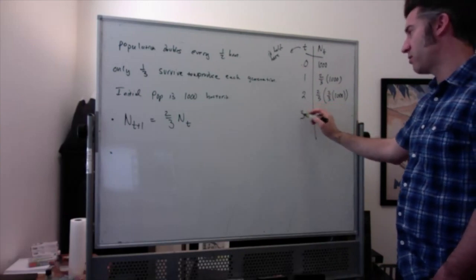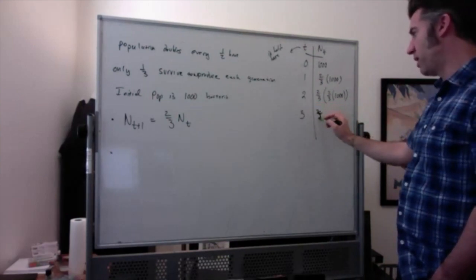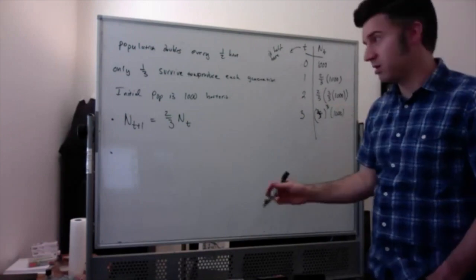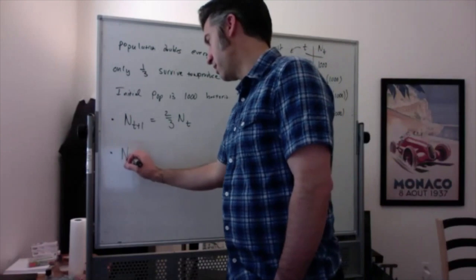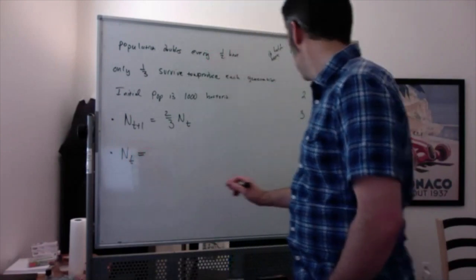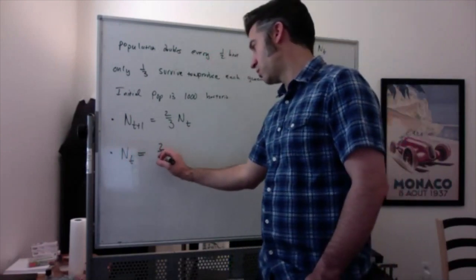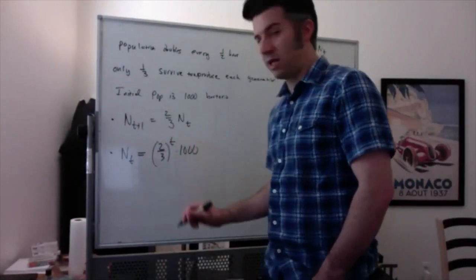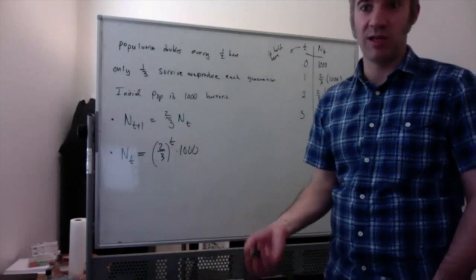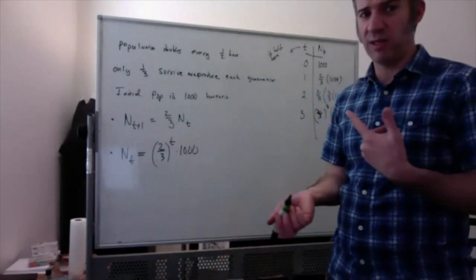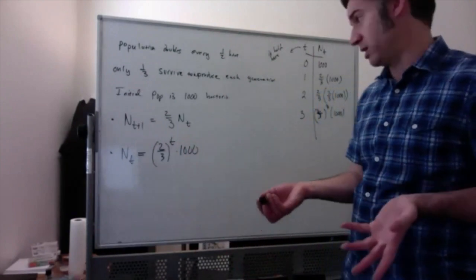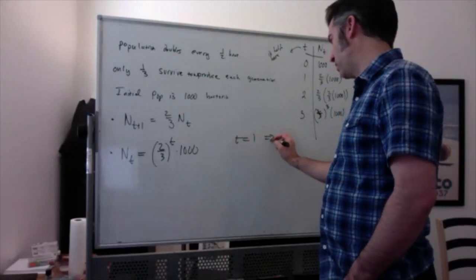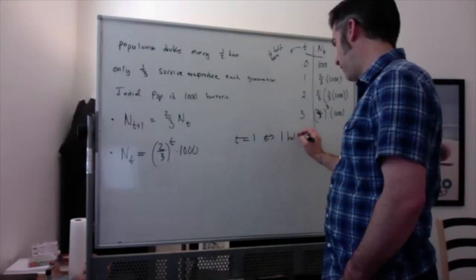Every time increment, I'm multiplying by another 2/3. So the amount of bacteria I have at time t is 2/3 to the t times 1,000. Again, where t is measured in half hours. You do have to be specific about what your t is representing. So t equals 1 is equivalent to a half hour.